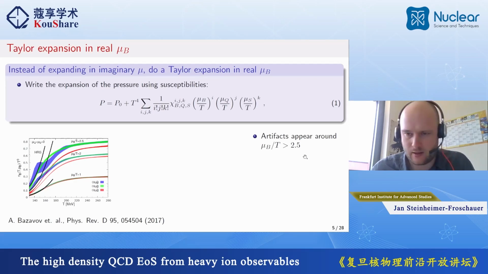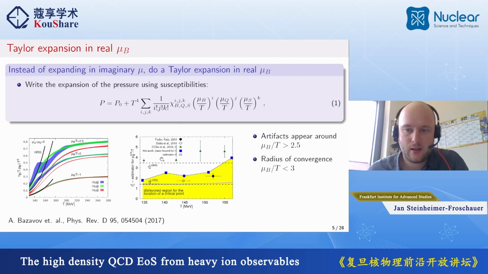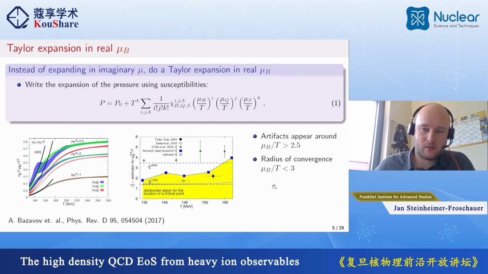Now I think they say they can go up to 3 or something, again somewhere around pi. And again, the radius of convergence never goes beyond this magical number. So it seems like whatever you do on the lattice here, you will not be able to expand beyond this magical boundary of mu_B over T more than pi.